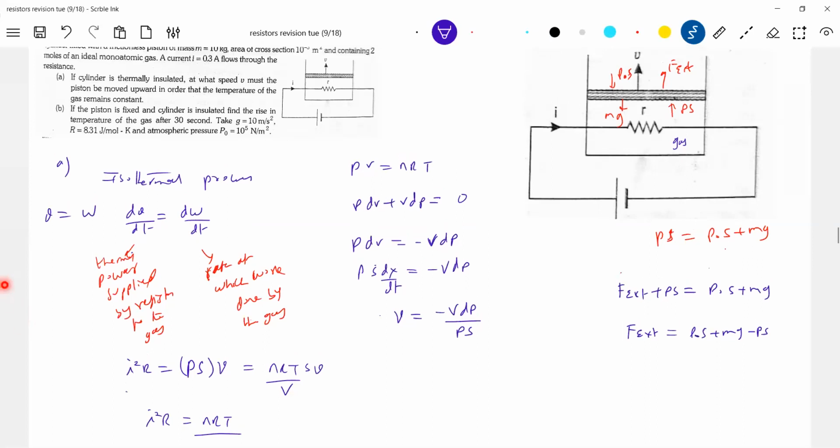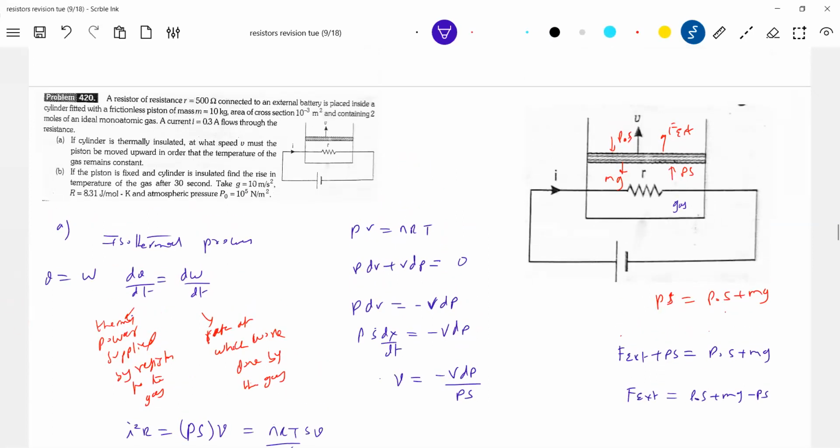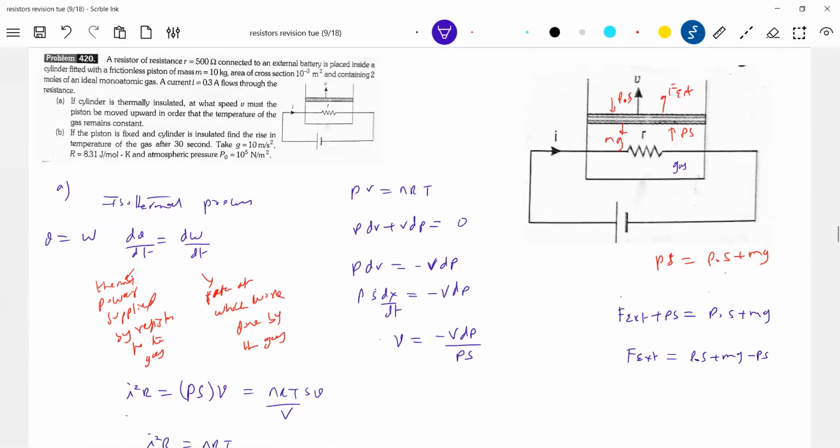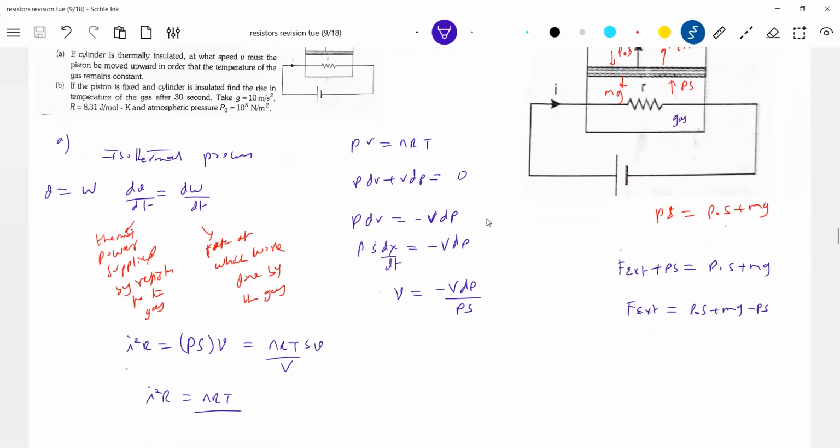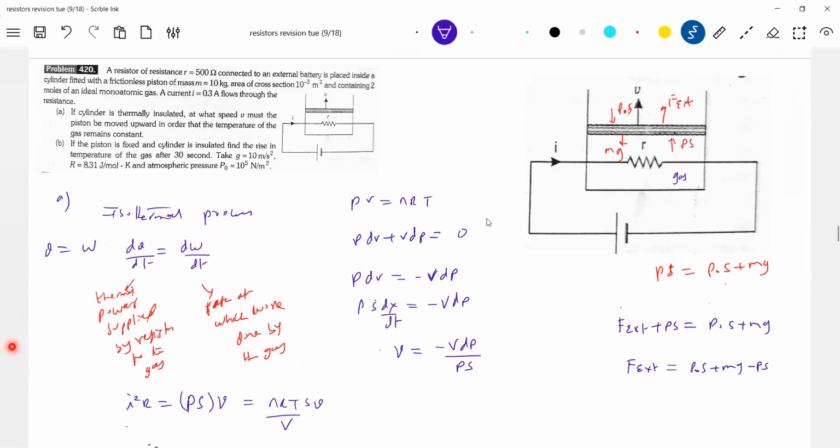Here we have 2 moles of ideal gas, so the number of moles and mass we know. We know initial pressure and volume, so nRT equals P naught V naught.